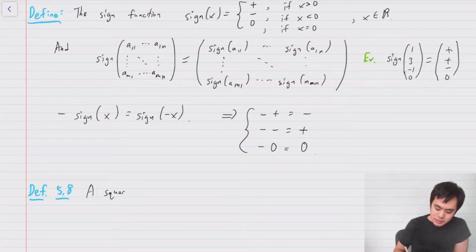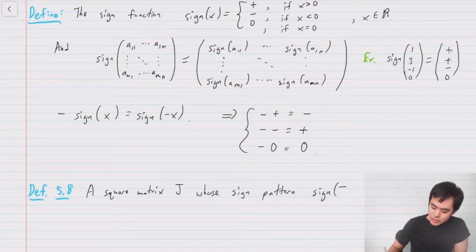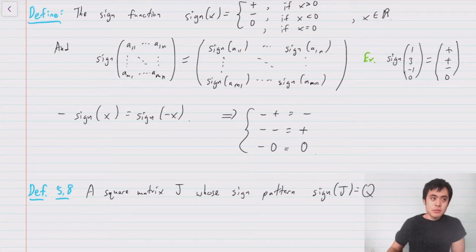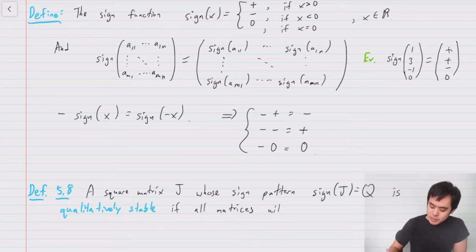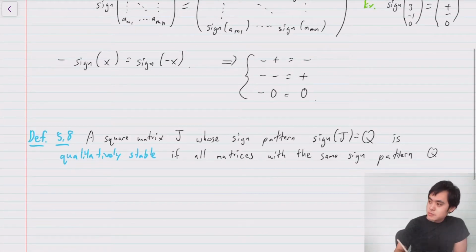If you have a square matrix J whose sign pattern, so sign of J, is equal to some matrix Q, then the square matrix J is qualitatively stable if all matrices with the same sign pattern Q have eigenvalues with negative real parts.